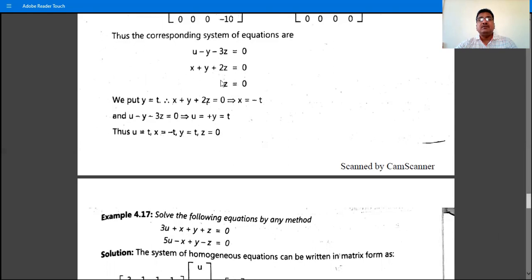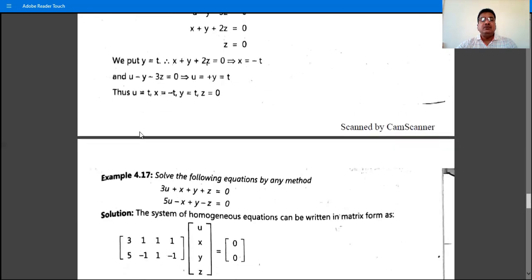Then the equation x plus y plus 2z is equal to 0 gives, substituting z as 0 and y as t, x is minus t. Then equation number 1 gives u is minus x... plus y, and 3z, z is 0. So we have u is t because y is t.